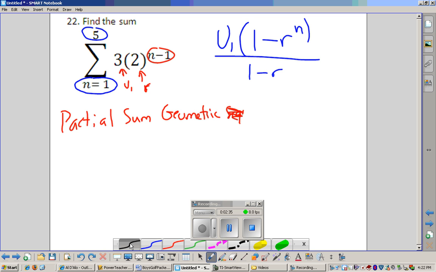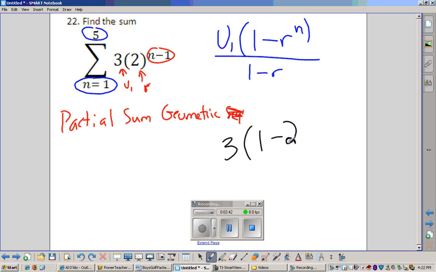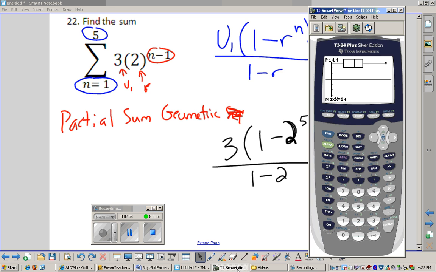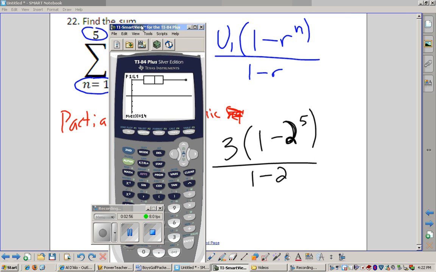So let's put in the numbers we know. U sub 1 is 3. R is 2. And the number of terms is from 1 to 5, so there's 5 terms. All over 1 minus r, or 1 minus 2. Now we just have to do that on the calculator.